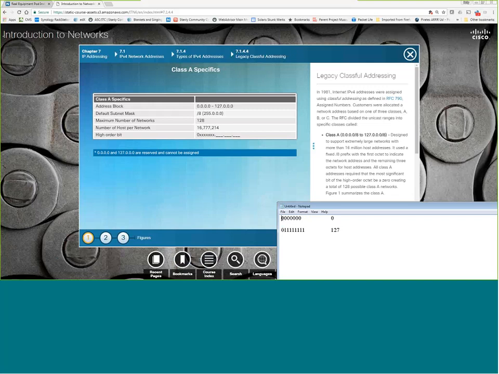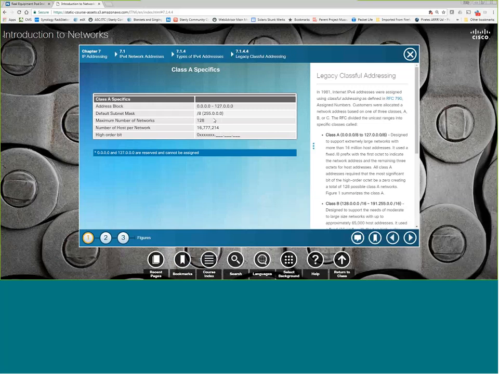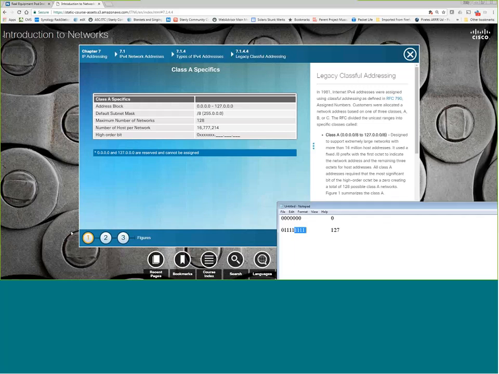Now, this is also why you would think about the maximum number of networks. You say, well, there's 8 bits, the default mask is /8, right? So there should be 256 networks defined in this range of class A's. Well, the reason that is not true is because the first bit must be a 0, which means there's really only 7 bits available, and 2 to the 7th is 128.